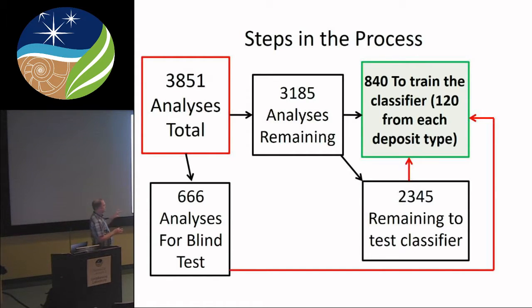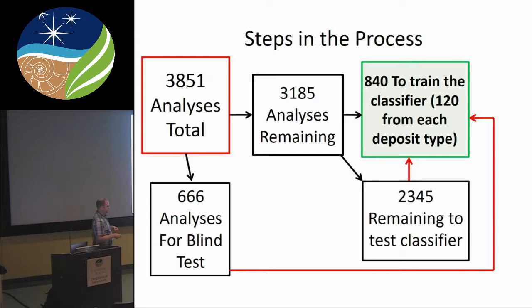So the analyses from these deposits didn't influence the training data set or the classifier at all. The remaining analyses were split, where a subset of data was split off from them, and those were used to train the classifier, and that's 120 from each deposit type. And we tried to get equal numbers from every deposit that we looked at.